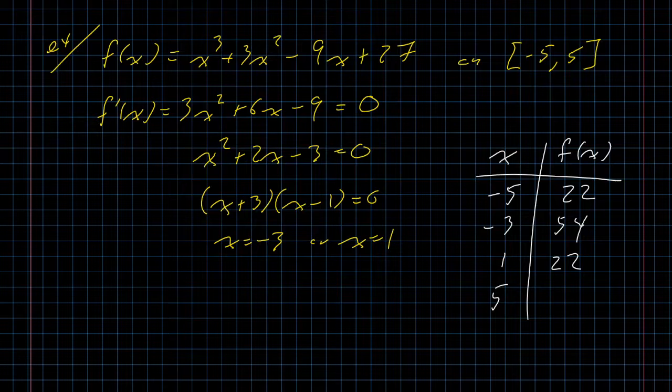And then we try 5. 5 cubed is 125, plus 75 is 200, minus 45 is 155, plus 27 is 182.